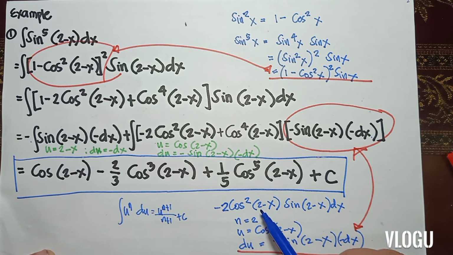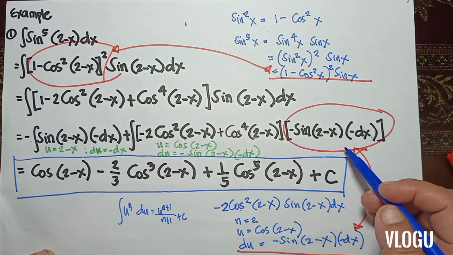If you have two trigonometric functions, cosine and sine, one of them is for du. So n, your exponent, is 2, and u is equal to cosine (2 minus x). The derivative of cosine is negative sine (2 minus x), and the derivative of negative x is negative dx.